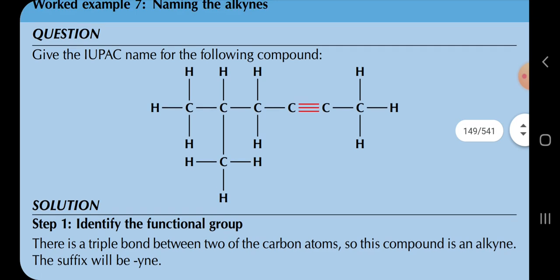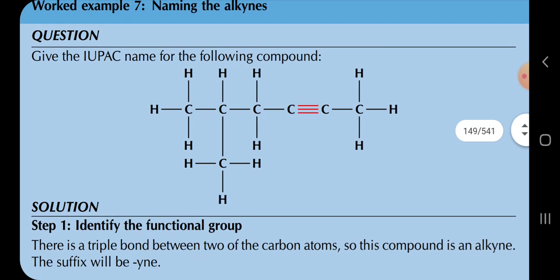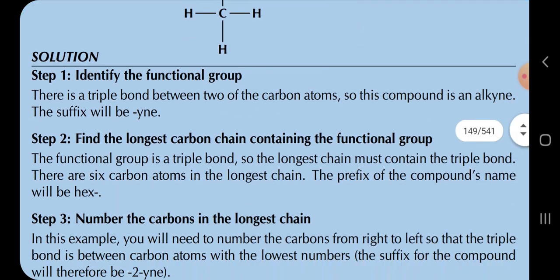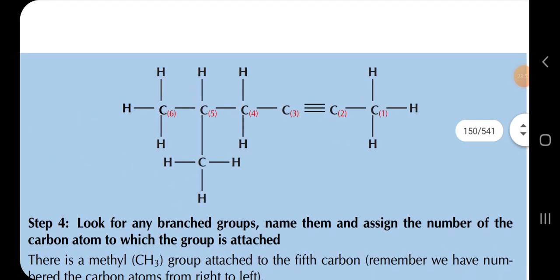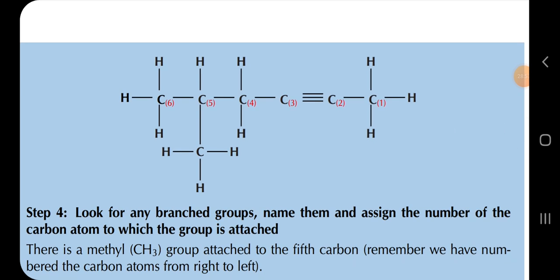So we have the functional group there on number 2. This is what I meant when I said you have to start giving the number from the one closest to the functional group. So this is how you will number them.